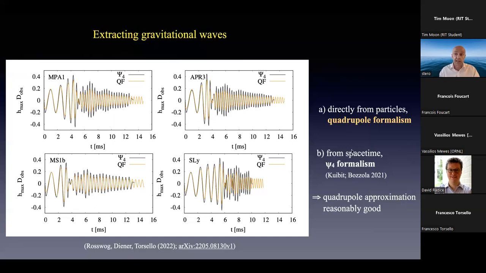But we can also extract them from the space-time. And they agree pretty nicely, I would say. At least the phase seems to be very much aligned with each other. In the amplitudes, you can have a couple of tenths of a percent of error. But overall, I think it's a somewhat surprisingly good agreement between the two.